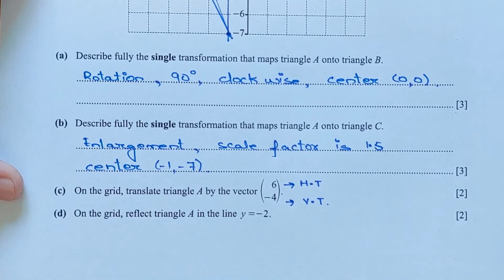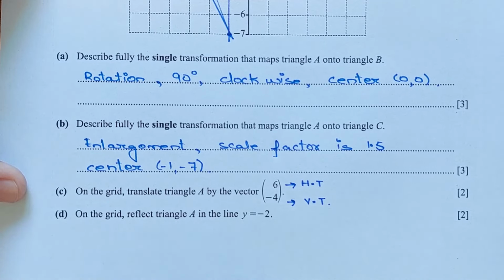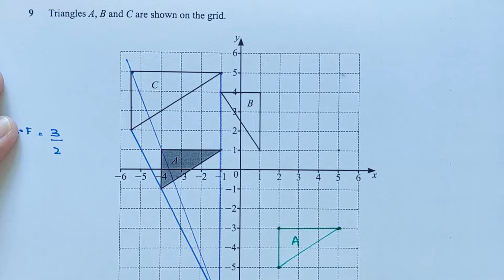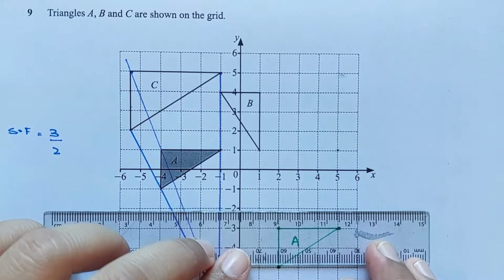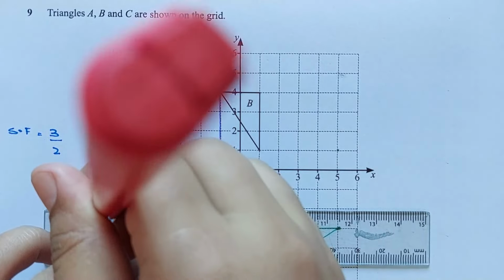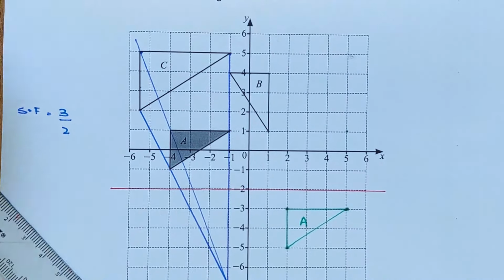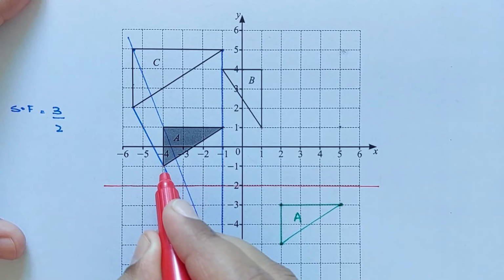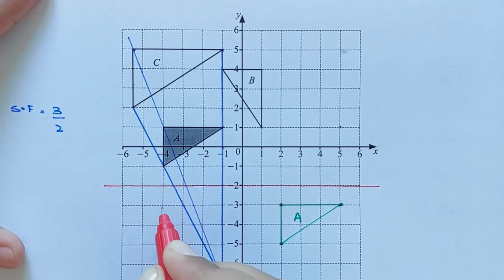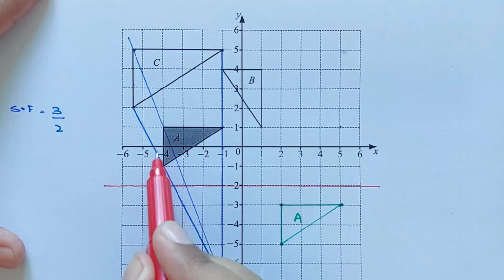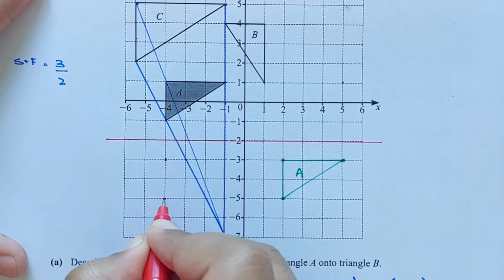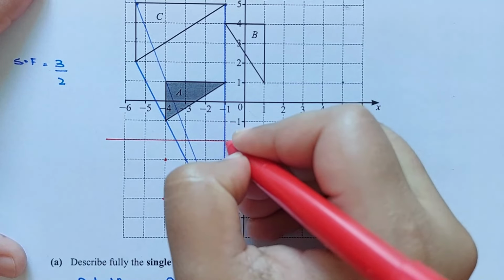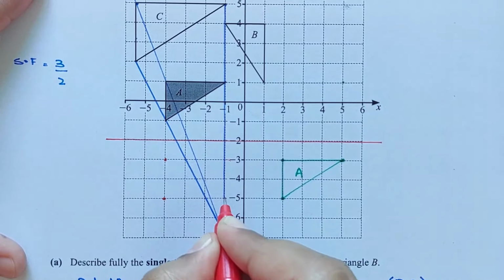Now for part D. On the grid, reflect triangle A in the line y equals -2. This is the horizontal line. We have to reflect triangle A. This point is 1 unit from the line, so the image is also 1 unit on the other side. This distance is 3 units, so this distance is also 3 units.